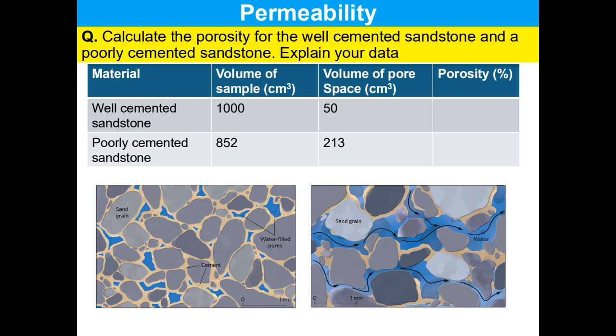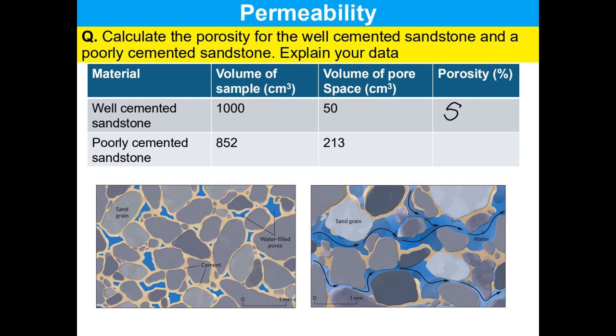So we'll see. To find out, we'll find the porosity for well cemented. So again, you divide 50 divided by 1000. And so here we got 5%.